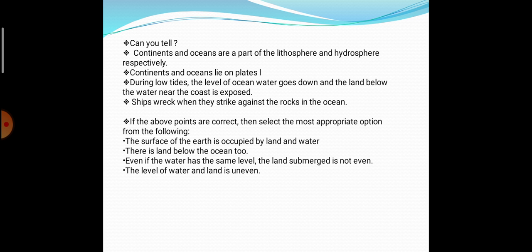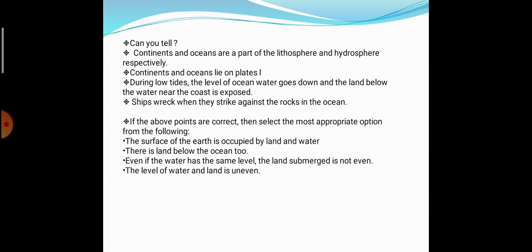Because of the gravitational and centrifugal force, the water from the lower level is attracted towards the high tide, and the same phenomenon occurs after every 12 hours.